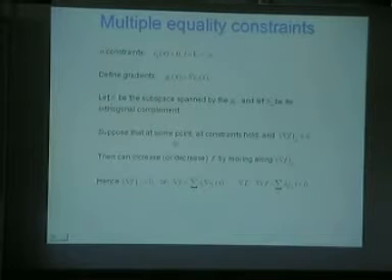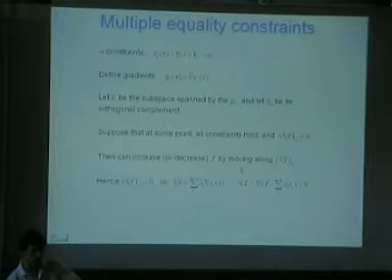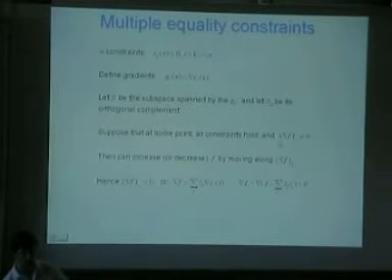And suppose that at some point these constraints hold, and the component of the gradient of f in the orthogonal complement is not zero. That means that I can move just in the orthogonal complement, which means not changing the constraints at all, and can increase or decrease f. Its gradient in that direction is not zero.